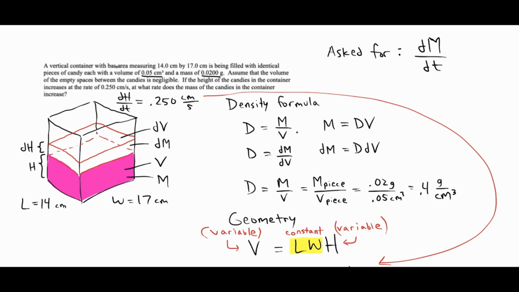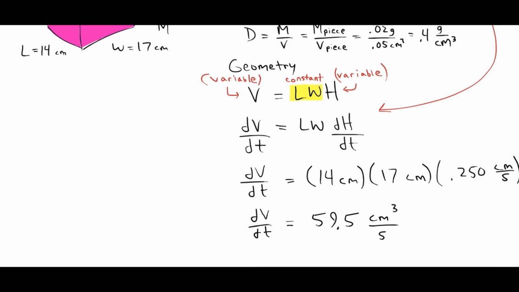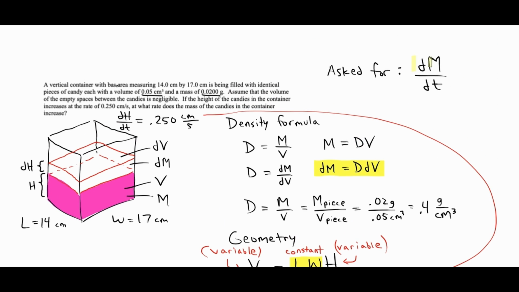Alright, so can we use this to find our answer? This is about a relationship between the volume differential and the mass differential. Notice that we have dV dt, but we want dm dt.